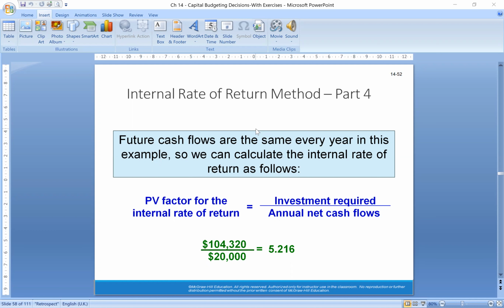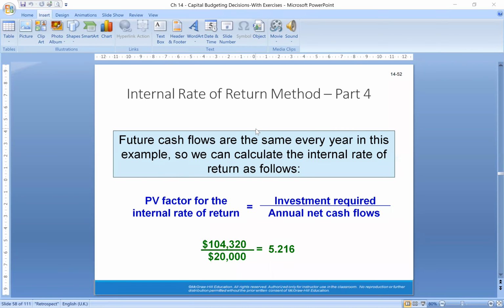We use the same formula for the payback period, right? The investment required divided by the net cash flows. Now, the initial investment of 104,320 divided by the annual net cash inflows of 20,000 equals 5.216.